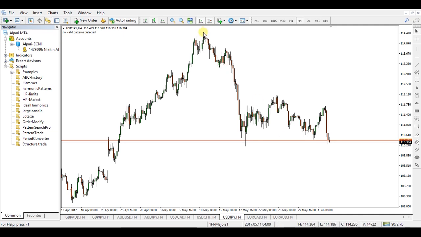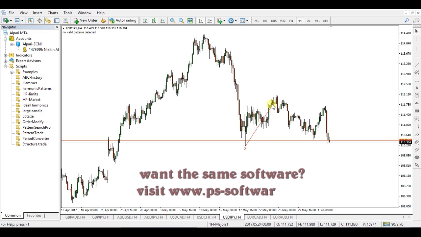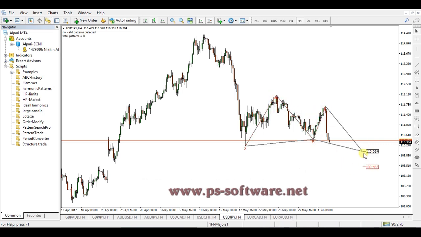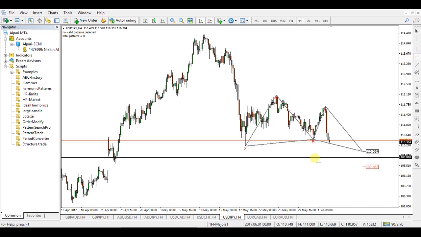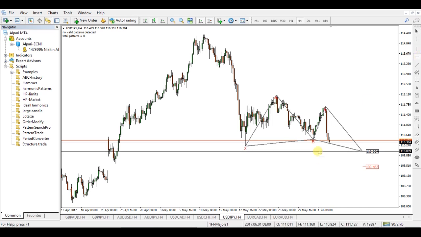Dollar yen. We had this downtrend, and now we have a pattern. The pattern looks this way. A potential butterfly at 110 even, 110.03, somewhere here, like this.